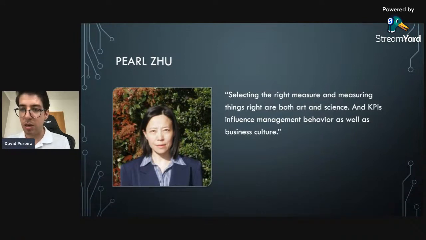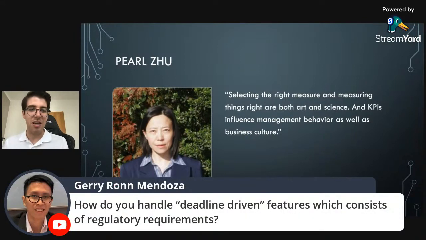There's another one. This is tricky. How do you handle deadline-driven features with regulatory requirements? Well, for this one you need to start with, I would say, the end and walk backwards. And requirements, you need to understand how to manage them, and organize a team. So I like understanding what the impact is, because sometimes the impact is small, and then it means the deadline is arbitrary.